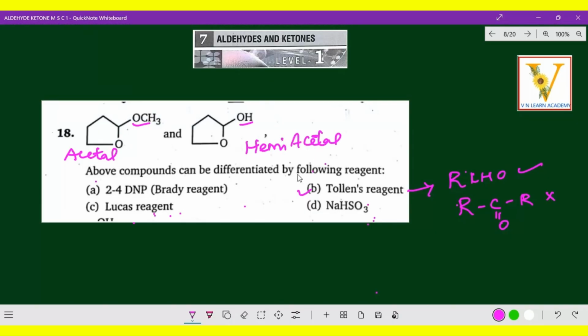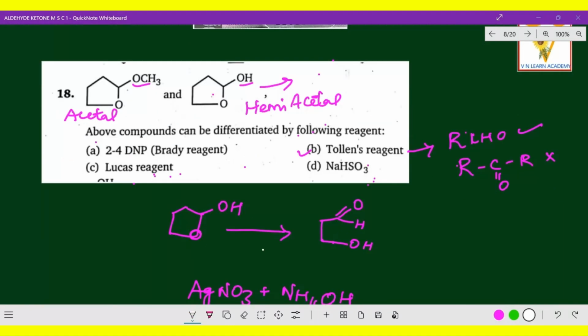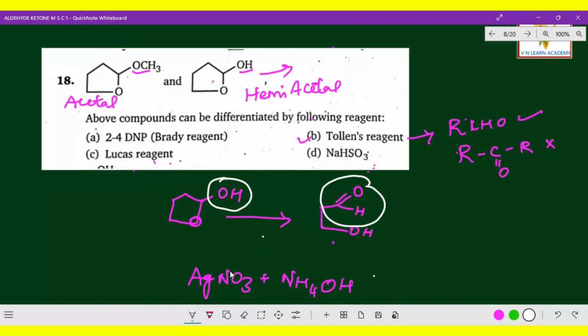In this point, the hemiacetal and acetal already have OCH3. Here the hydrogen of O-H is replaced. Here OH, and as you observe, this is keto-enol tautomerism: C=O and here C-OH. Now an aldehyde is available, C=O with H. How do we identify that aldehyde? With silver nitrate along with ammonium hydroxide.